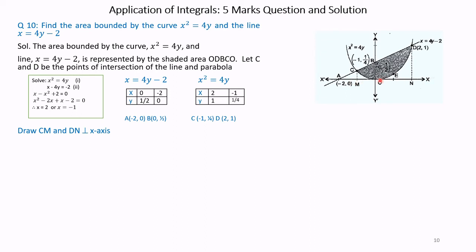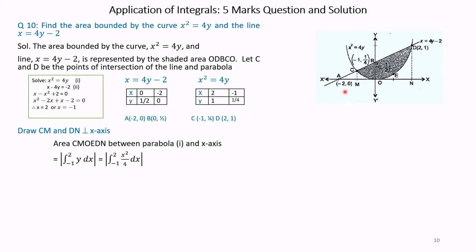To get a trapezium CMNDC, this is the trapezium. The area CMONDC, that is the area between the parabola and the x-axis, is given by the integral, mod of integral from -1 to 2 of y dx.